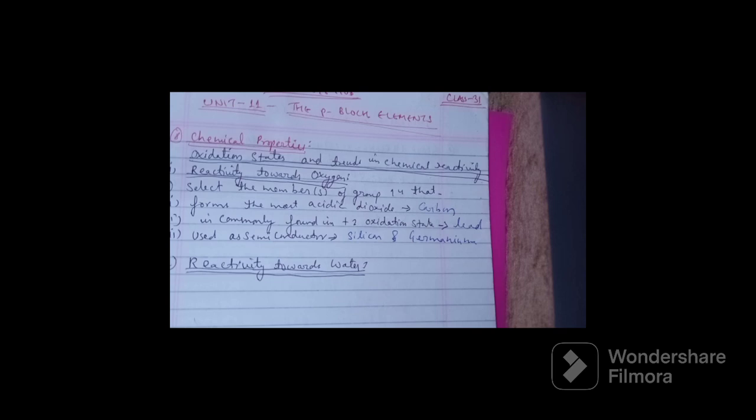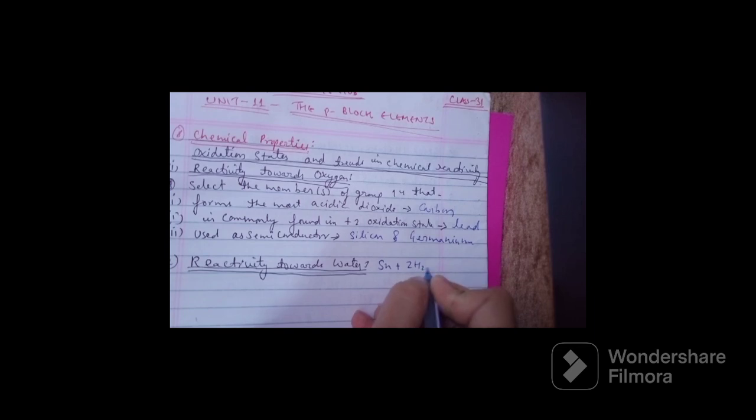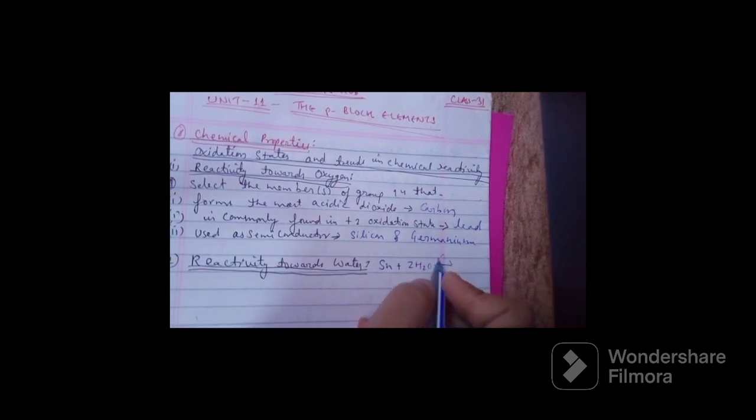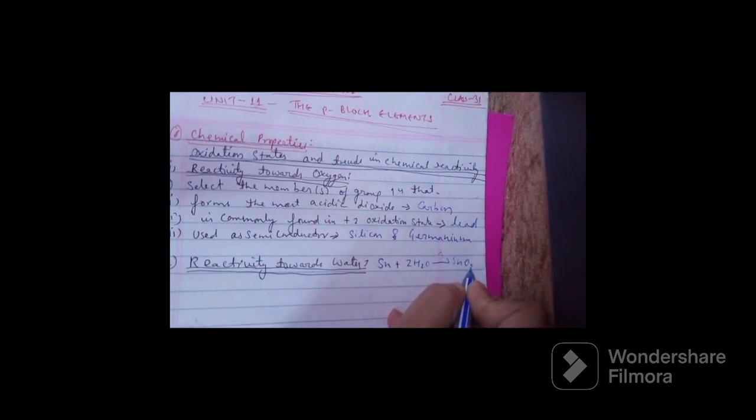Tin decomposes steam to form dioxide and dihydrogen gas: Sn plus 2H2O, in the presence of heat, gives SnO2 plus 2H2, whereas lead is unaffected by water, probably because of the protective oxide film formation. The third we talk about is reactivity towards halogen.